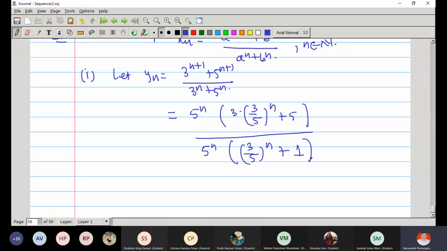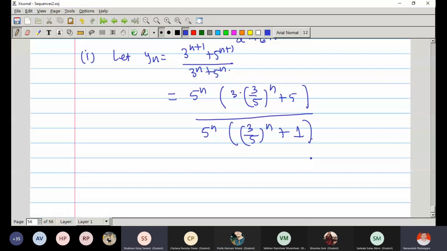Is it correct? Whatever I have written is correct? Yes, sir. Okay. Now what is the limit of yn now? So 5 raised to n gone. What remains? The limit of 3 into 3 by 5 raised to n plus 5 divided by 3 by 5 raised to n plus 1.